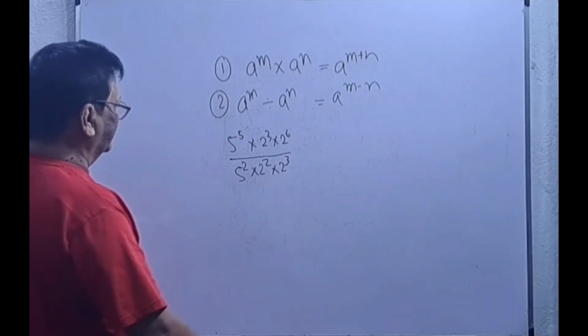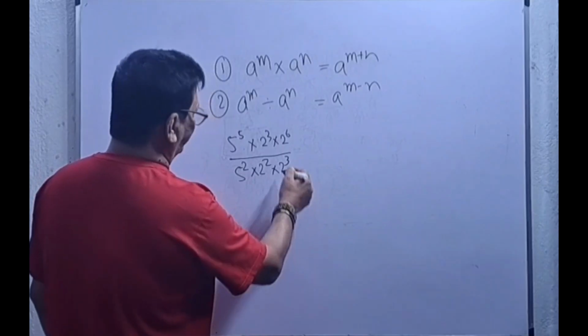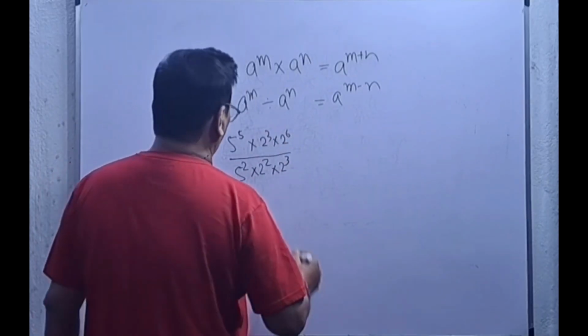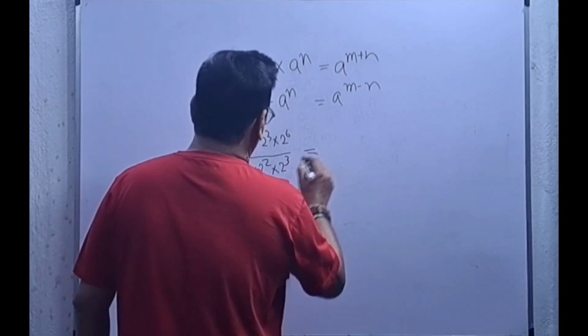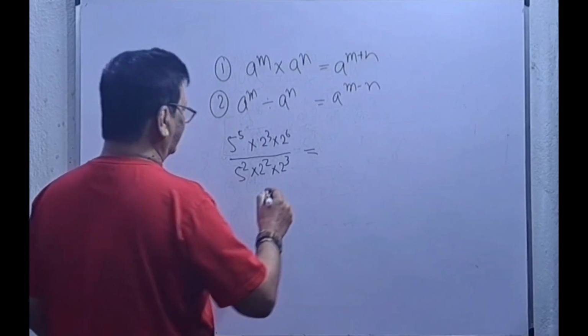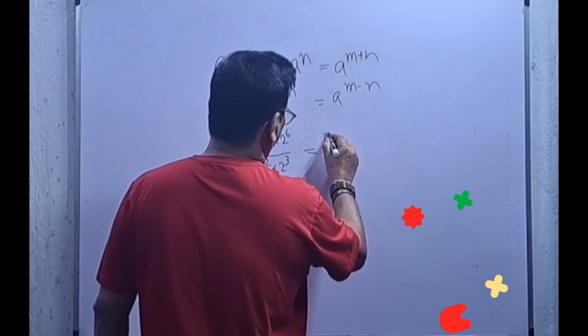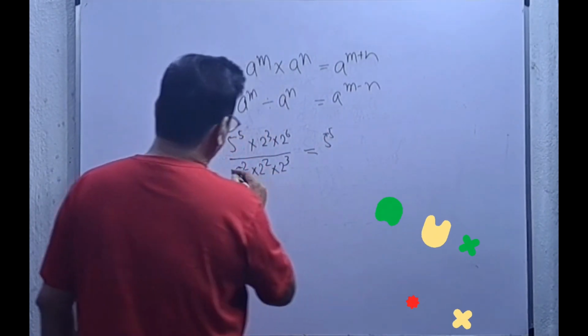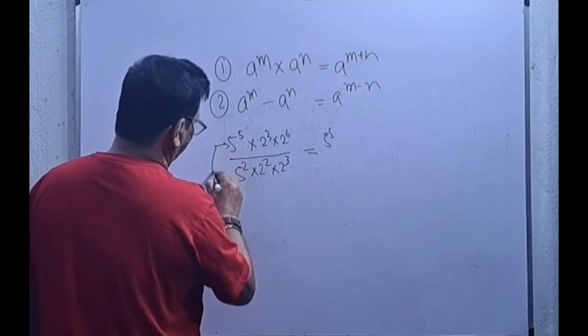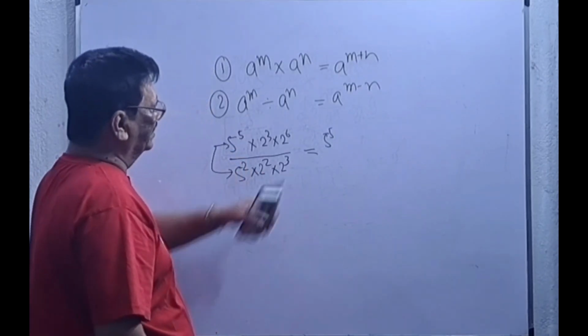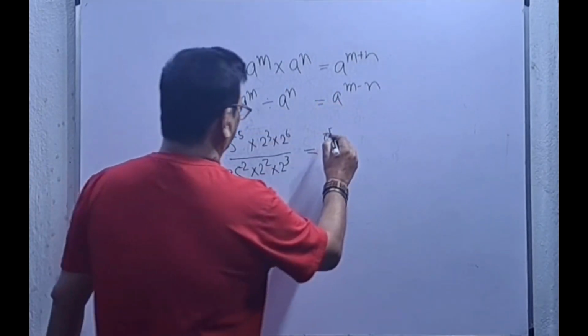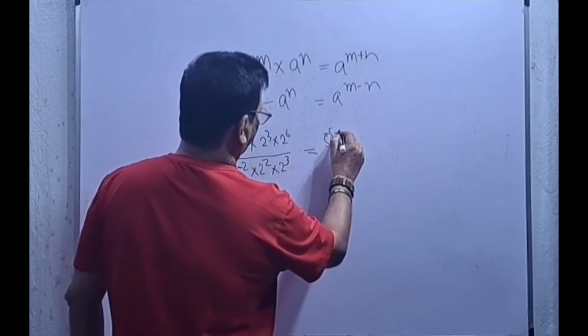Now you have the propensity of cancelling out. Don't cancel it out. What we'll do is, we'll get the powers at one place. So 5 to the power of 5, see, this is a division, so we can apply this rule. So minus 2. Correct.